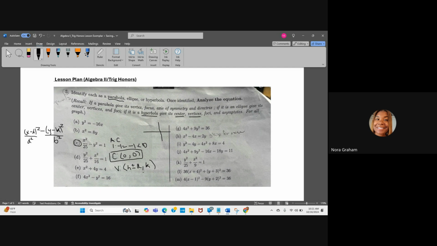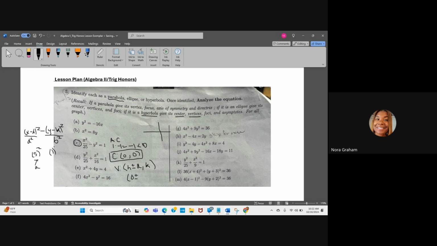All right, so let's plug in our variables. Our h in this case is going to be 0, right? And then plus or minus my a. For this one, remember it's a squared. So 25, the square root of 25 is 5. That means my a is actually going to be 5. And then 1 squared is just 1.